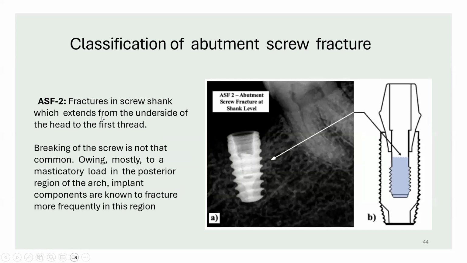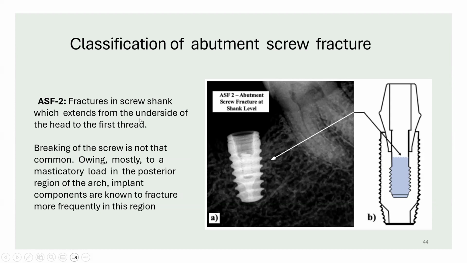Class 2 is when fractures occur in the screw shank, which extends from just below the head of the screw to just above the first thread of the abutment screw.